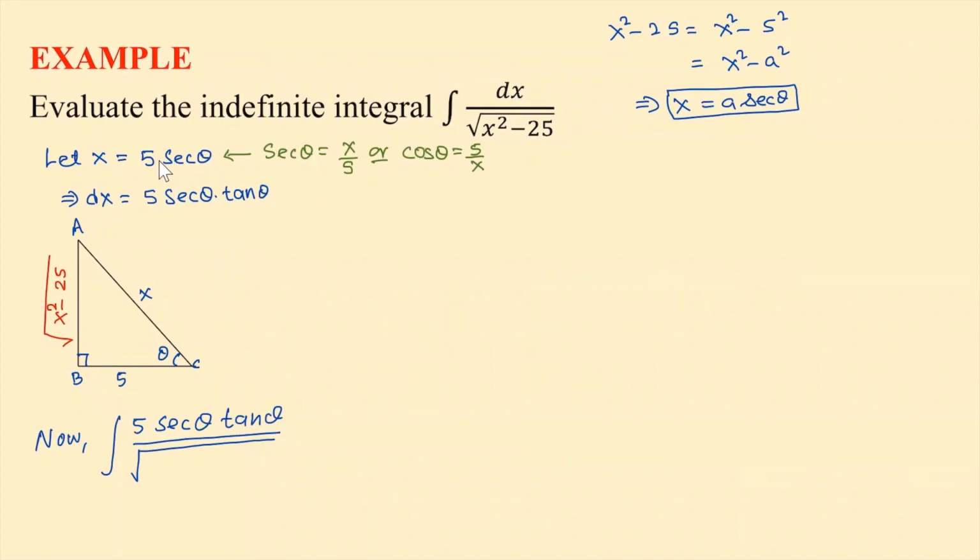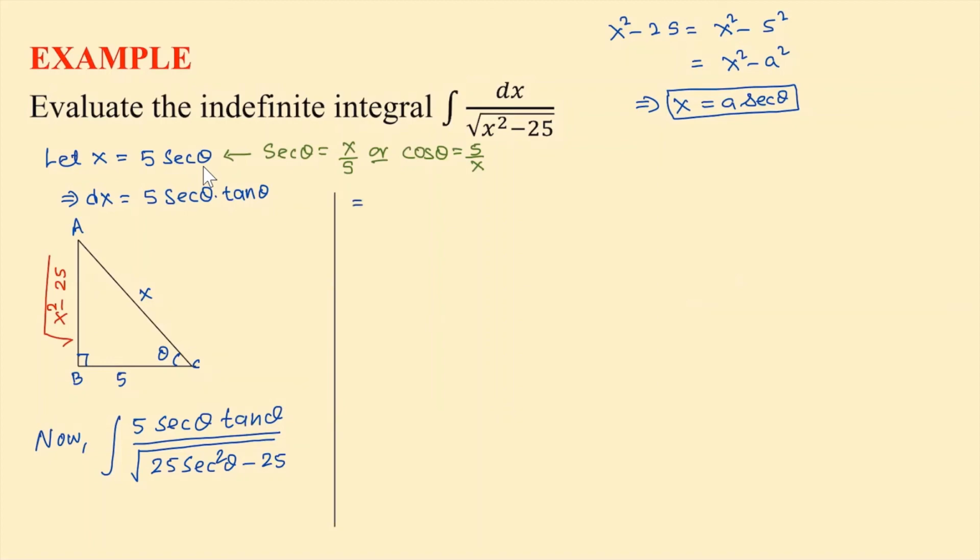X is 5 secant theta, and when you square that, it will be 25 secant squared theta, minus 25. So we made this substitution. In the next step, we are going to simplify this.